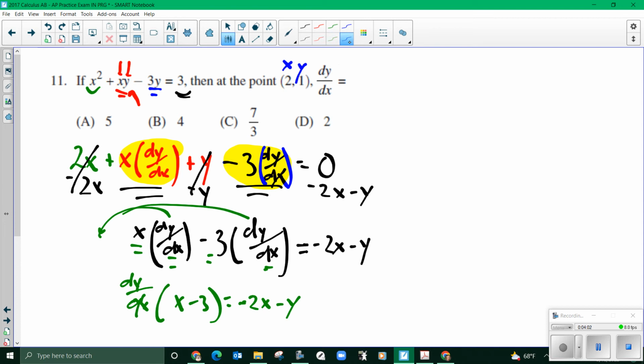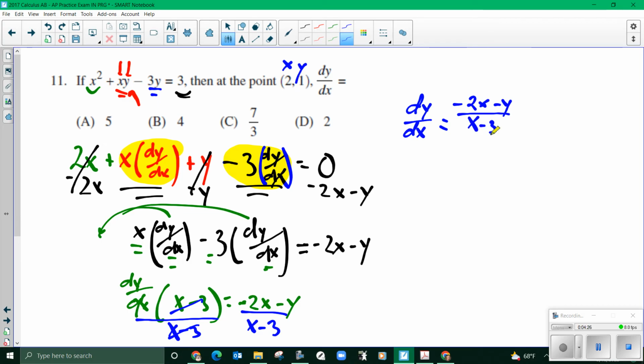Last step is I'm going to divide both sides by x minus 3. Now I've got my dy/dx alone. And what I do to one side, I need to do to the other. So dy/dx equals negative 2x minus y all over x minus 3.